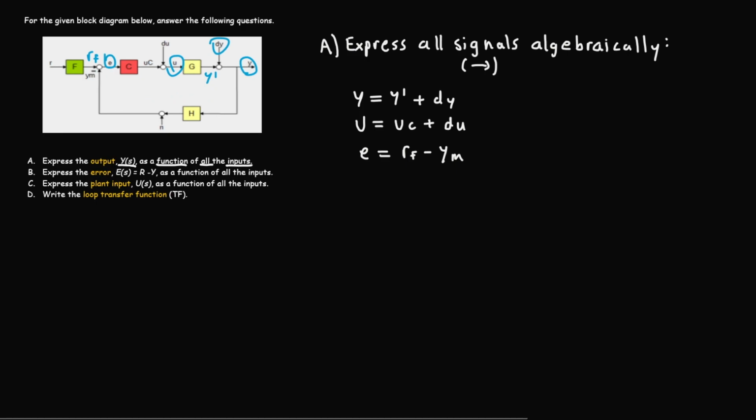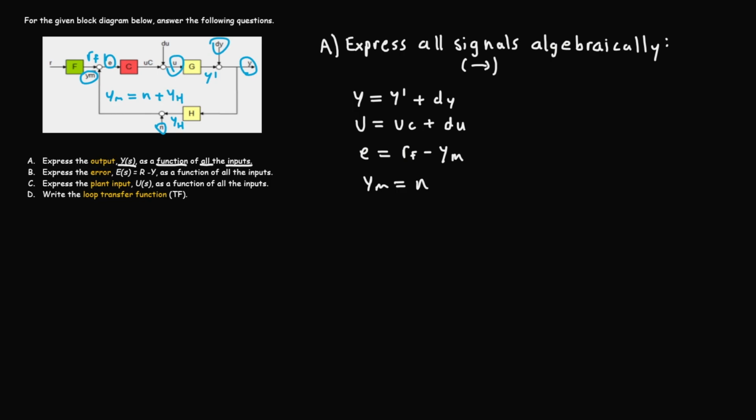And now, what does YM equal to? Well, this is going to be similar to the case with Y and U. So hence, YM will be equal to N plus the signal going out of H, which we can call YH, just like that.